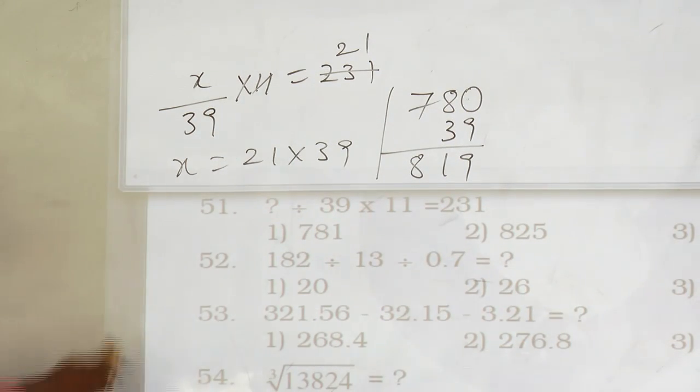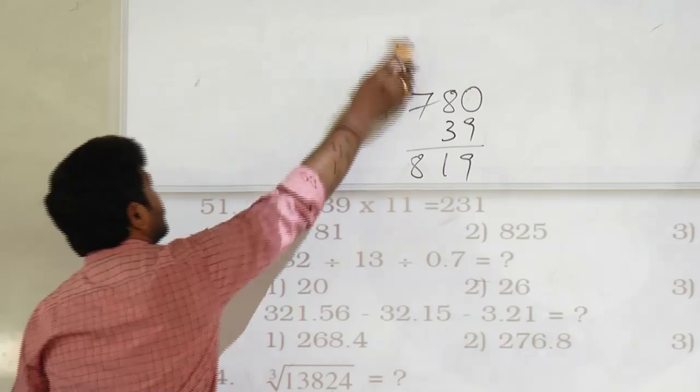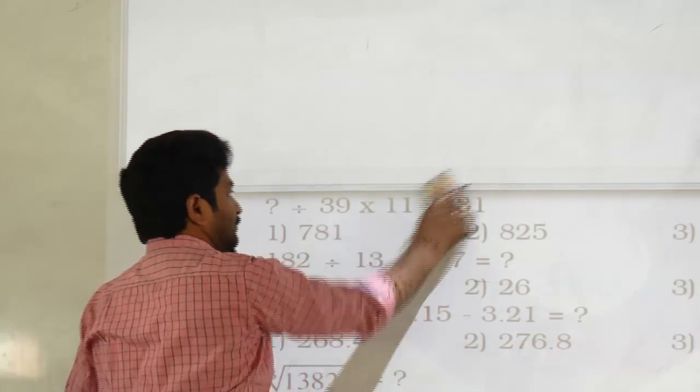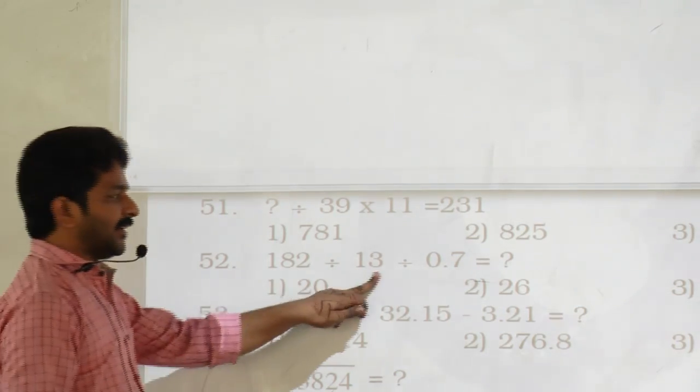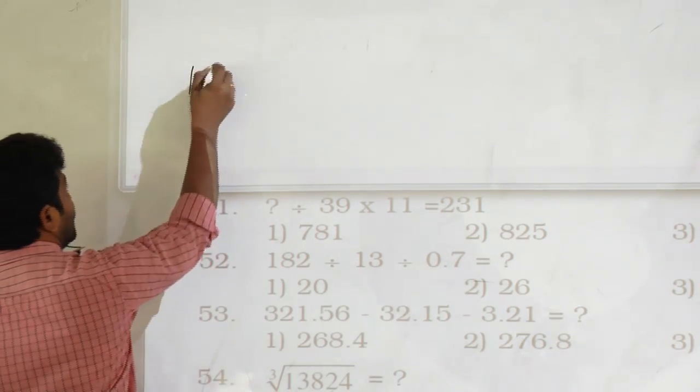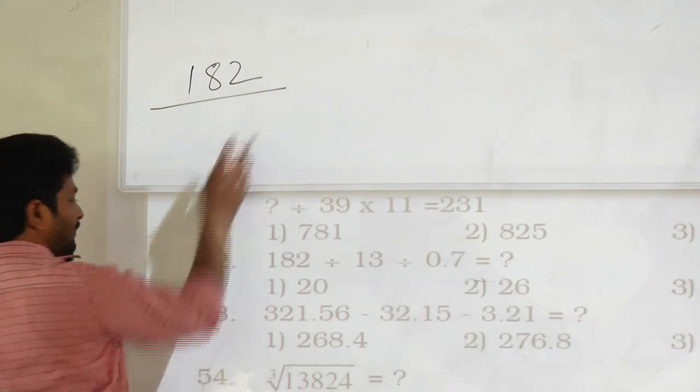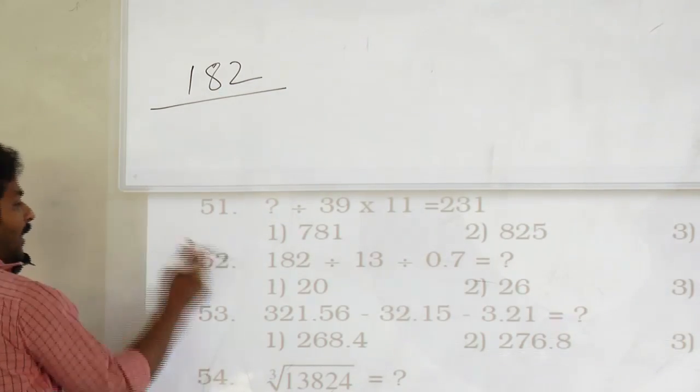52. 182 divided by 13 divided by 0.7. So the first number comes to the numerator.